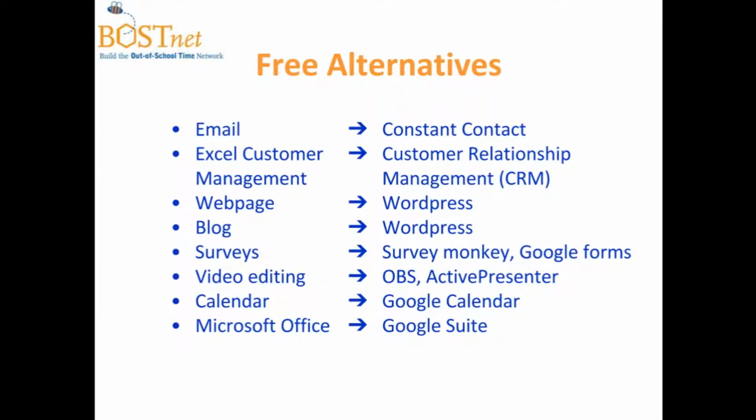So as we think about using these different technologies, sometimes they can be really expensive, but there are a good number of free alternatives available to you, or close to free. So with email, Constant Contact and actually MailChimp are both really fantastic options.